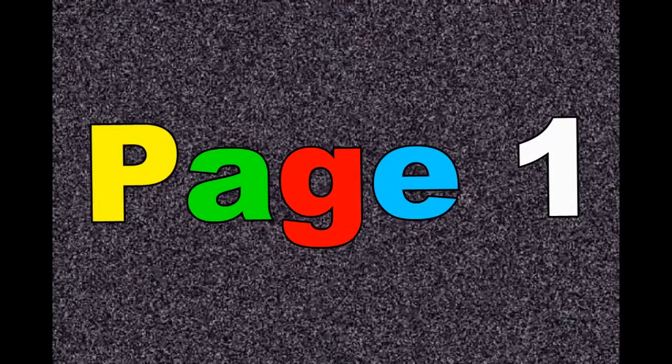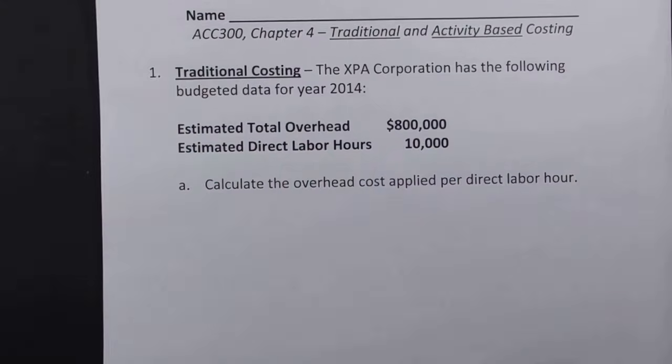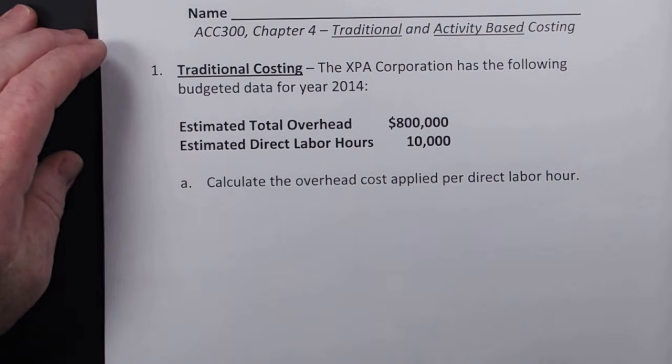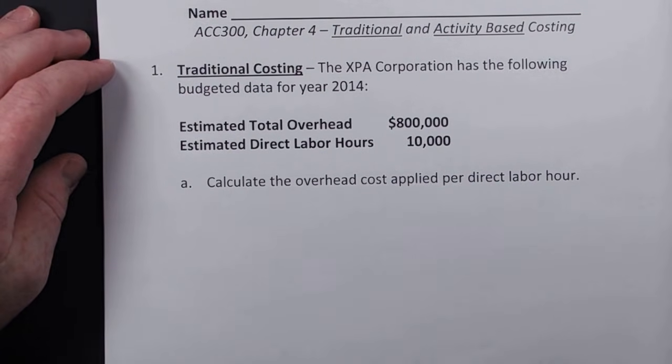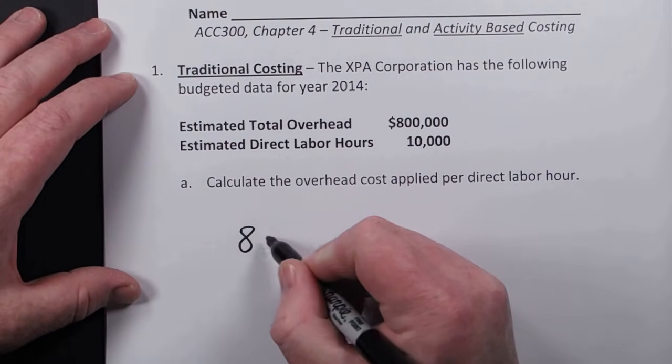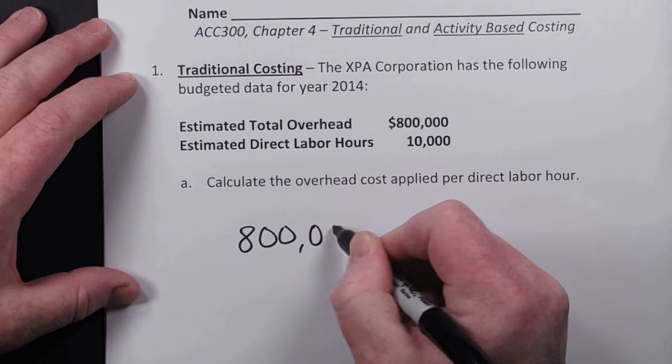Okay, turn to page 1 of the handout. If you didn't get it in class, you can also download it off of Blackboard. But turn to page 1, and you should have something that looks like this. What we're going to do is use the traditional approach, which is just direct labor hours, and use that to apply the overhead. So we have $800,000 of our estimated overhead.